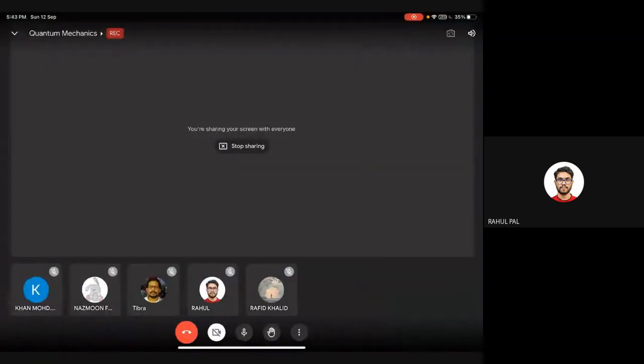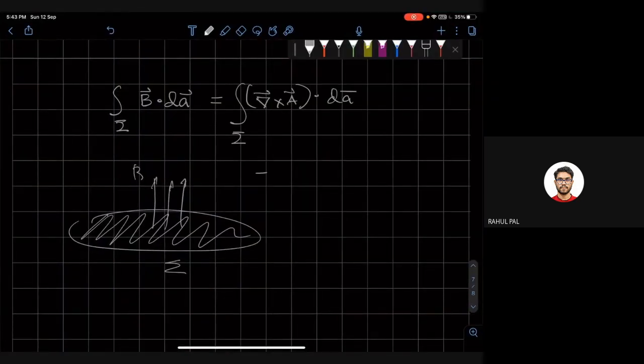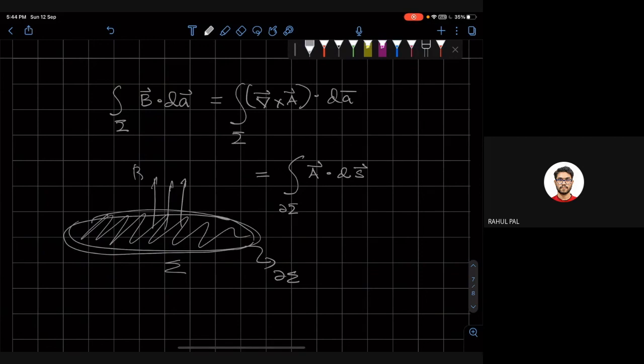So by Stokes' theorem, we can write this surface integral as a line integral on the boundary. This is the boundary, which I'm calling gamma. And by Stokes' theorem, it is the integral of A dot ds, where s is a tiny bit of loop on the boundary.